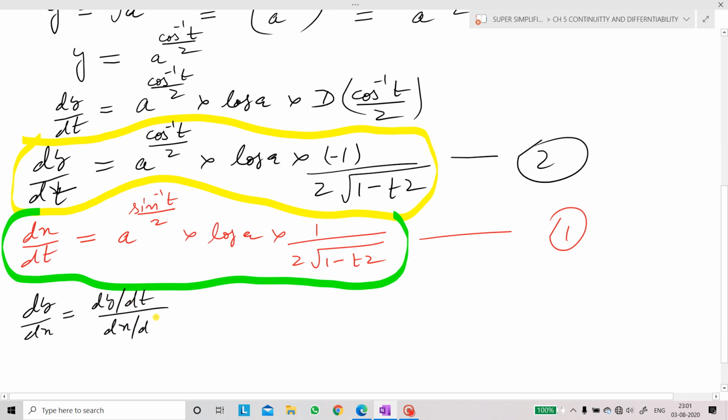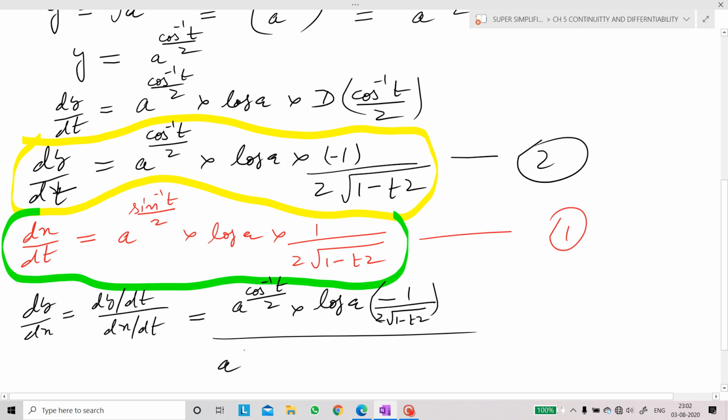So we divide the expressions, equation number 2 by 1: a raised to the power cos inverse t by 2 into log a into minus 1 upon 2 root 1 minus t square, whole divided by a raised to the power sine inverse t by 2 into log a into 1 upon 2 root 1 minus t square. So now here I can see that log a gets cancelled and this whole expression gets cancelled. Only negative sign is left.